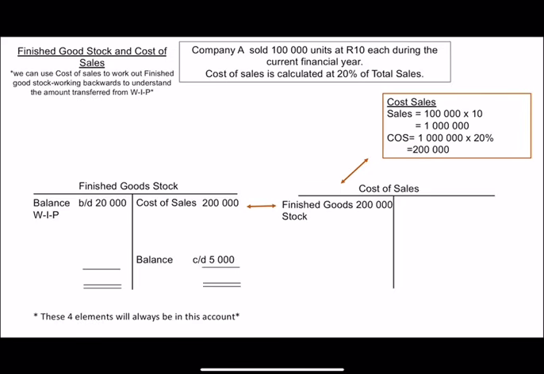So we add up and total each side of the debit and credit side, and we work out that our total is 205,000 because each side, debit and credit, has to balance. Now that we know our total is 205,000 and on the debit side we already have 20,000, we say 205,000 minus 20,000 gives us our work in progress figure of 185,000 Rand. Okay.